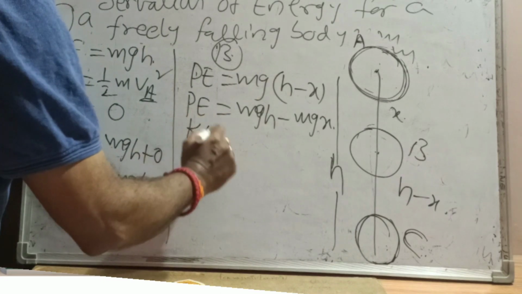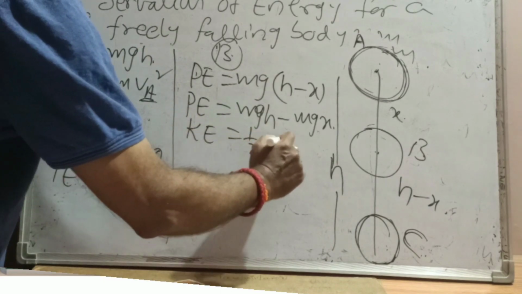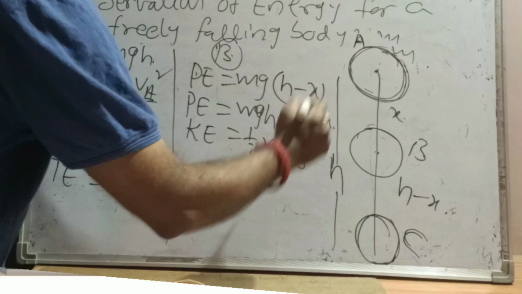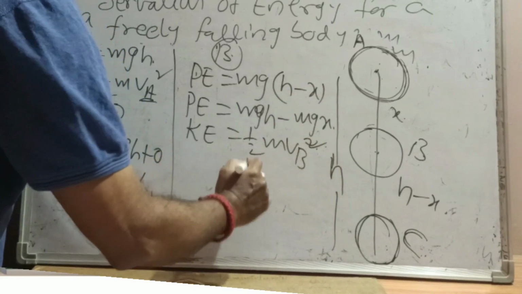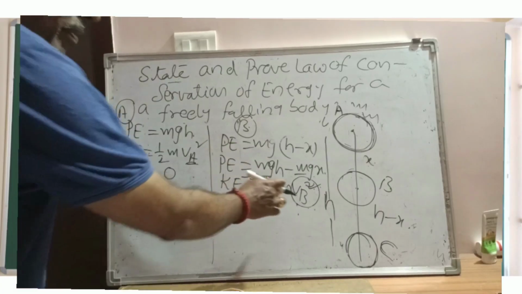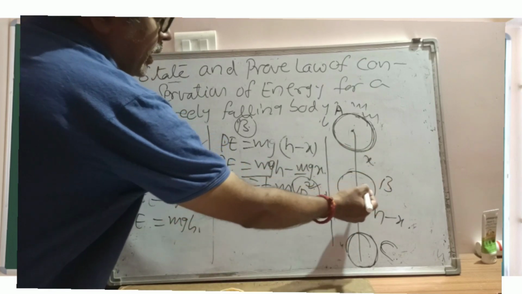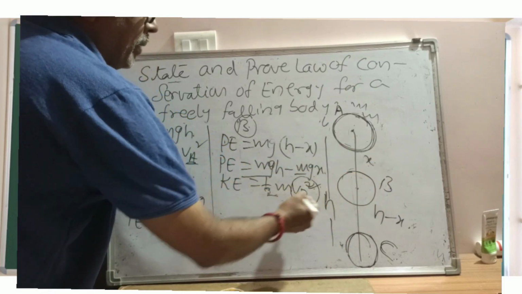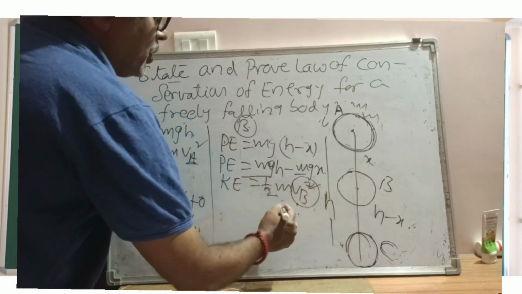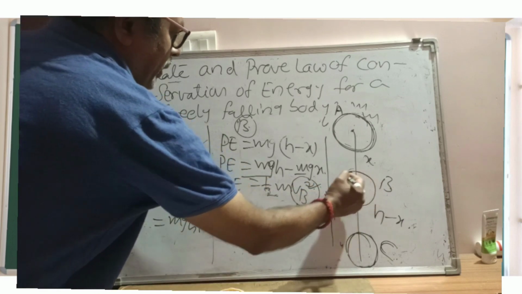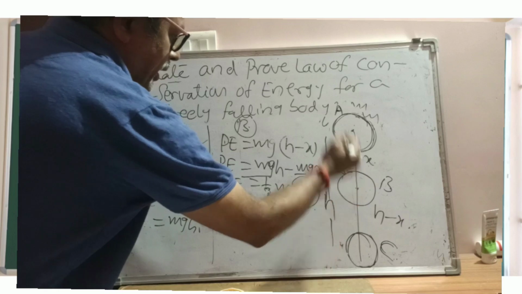But kinetic energy is equal to 1 by 2 m vb square. At the point B, displacement is x. Initial velocity may be considered to be 0. The final velocity is Vb, let it be Vb.